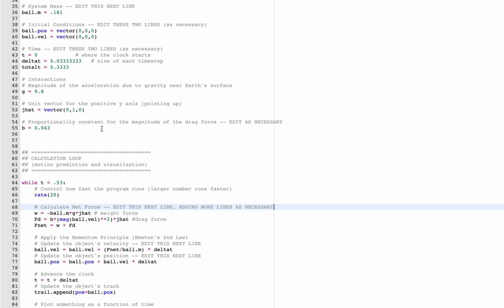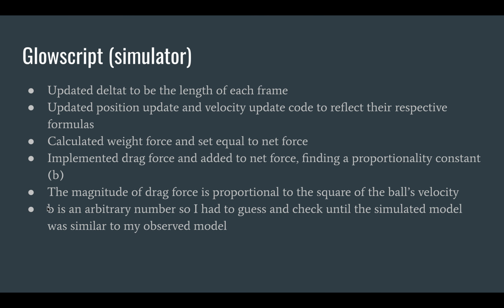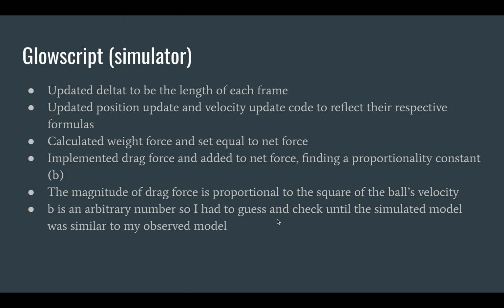And here b is the proportionality constant for the magnitude of the drag force, which is an arbitrary number. I had to guess and check that until the simulated model was similar to my observed model.